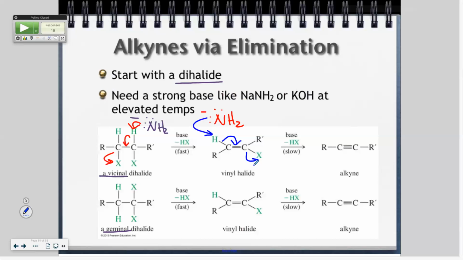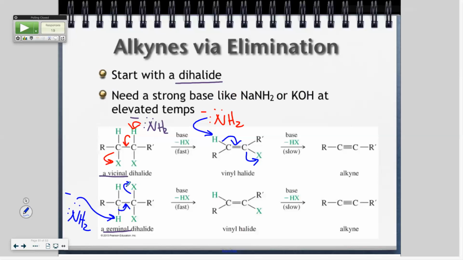All right, this is going to do the same thing, only which one did I pick on this one? I'm trying to make it match my little pictures is all. Okay, I'm going to take this hydrogen, that proton. These electrons go down here to make the double bond, and X minus leaves. So we get this.